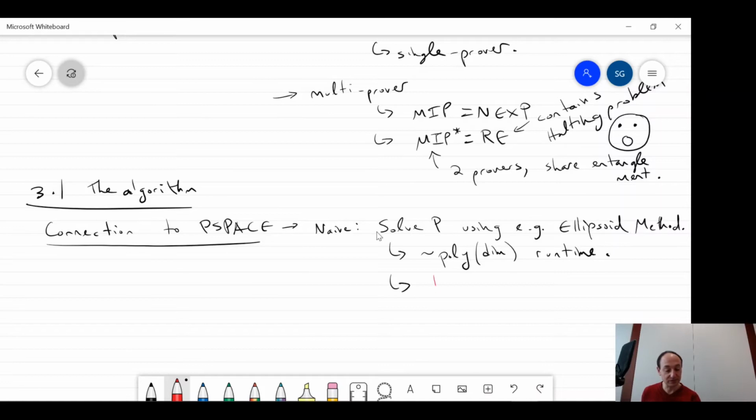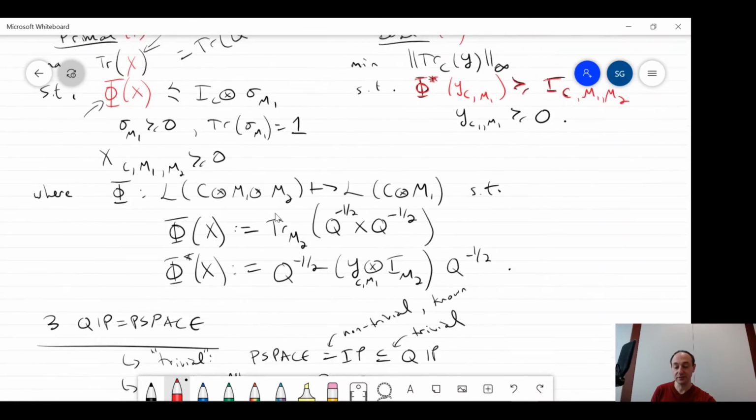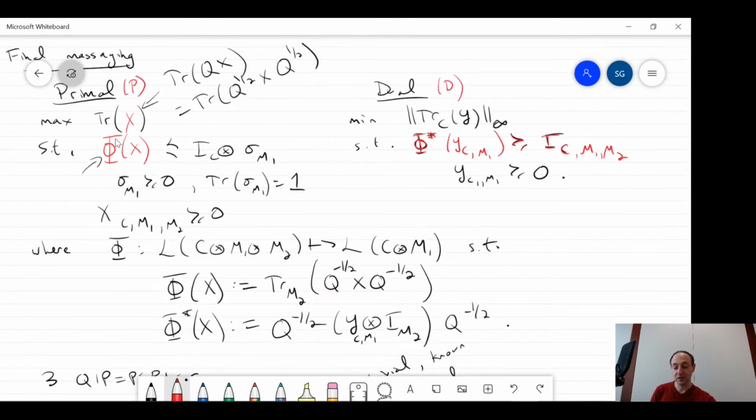Except the problem, of course, is that for us, the dimension is exponential. This just goes back, let me scroll back up to P for a second. This is just because these operators I have here, like X, these are, for example, sigma even. Sigma was just a quantum state that the prover sent in the first round. That's some state on order n qubits.